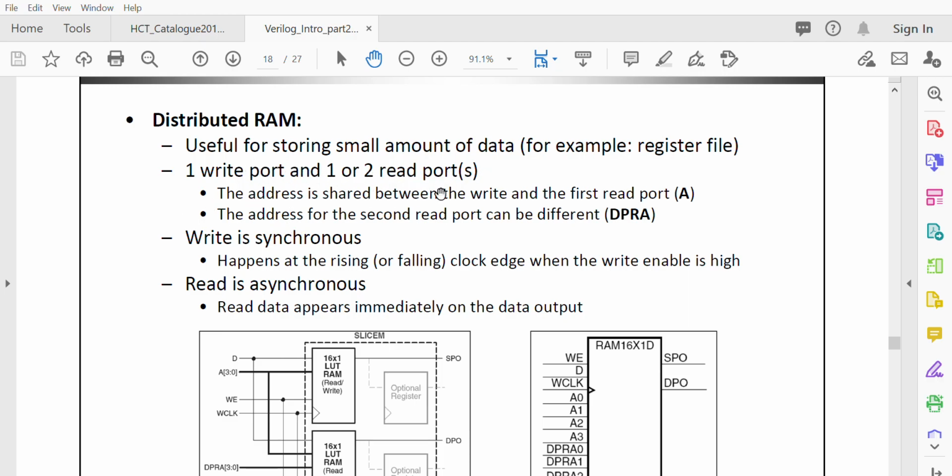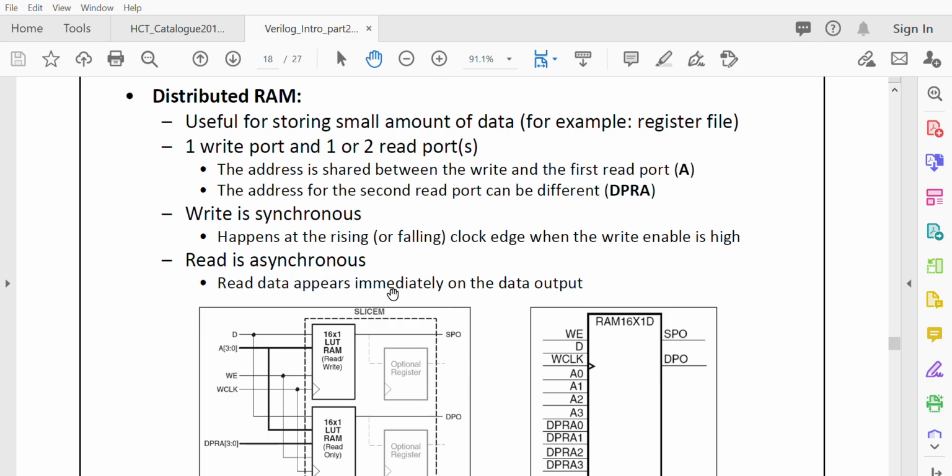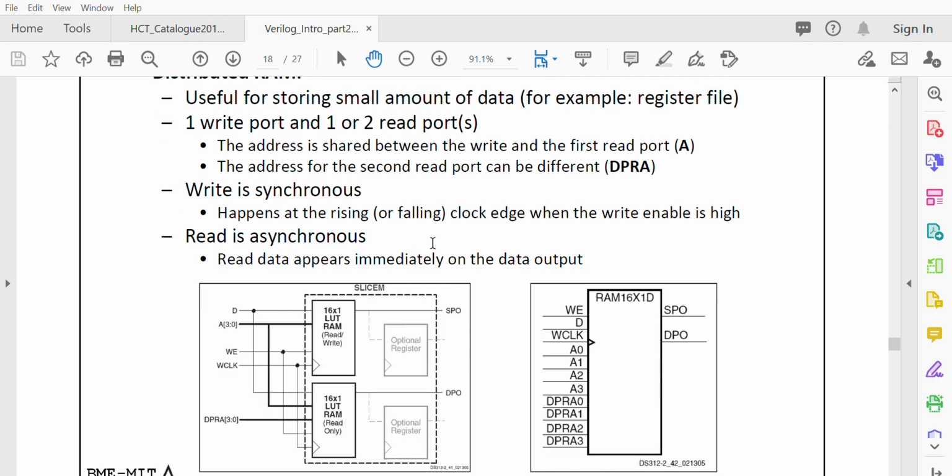The address is shared between the write and the first read port. The address for the second read port can be different. Write is synchronous, read is asynchronous. What does asynchronous mean? It means that you give the address, and the data comes in the same clock cycle. Synchronous means you give the address, and then at the next rising edge of the clock, whatever address and data you have is going to be effectively written.